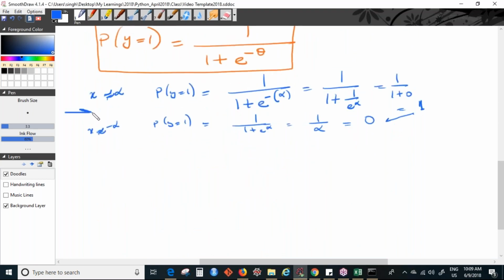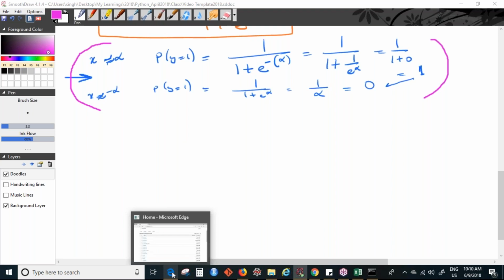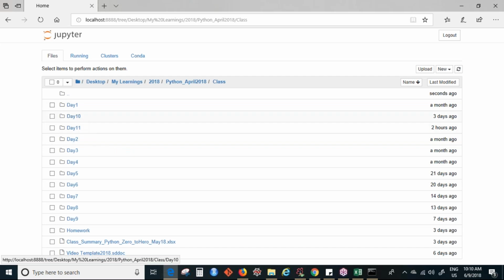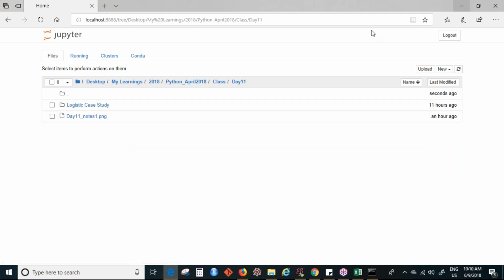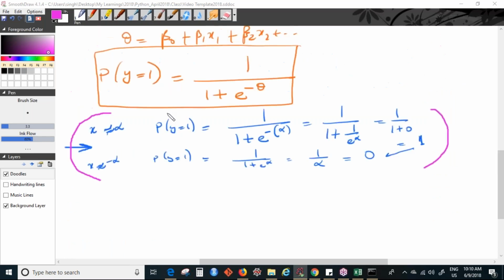So here is the proof. Okay, so this is how you run logistic regression.